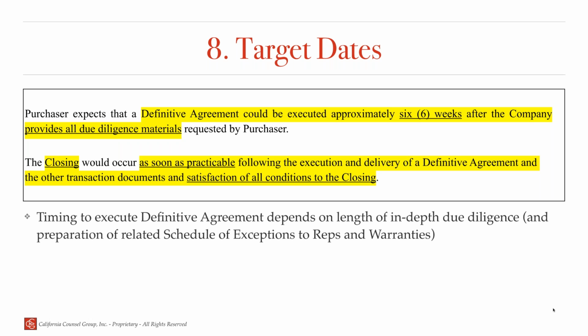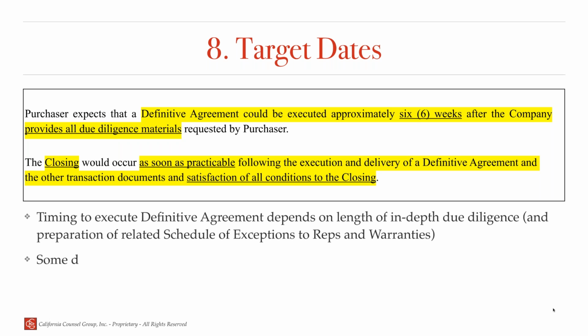If you don't have a clean company, say, give me the list of all of your patents, and then they start reviewing that and say, well, what about this issue? Now we need to do another freedom to operate investigation. It can just keep slipping down a slippery slope. So when all the due diligence materials are provided could be a long time. This sounds like you're going to get the deal done in 6 weeks, but it could be a lot longer than that.